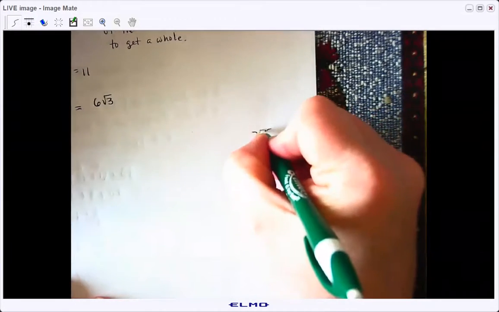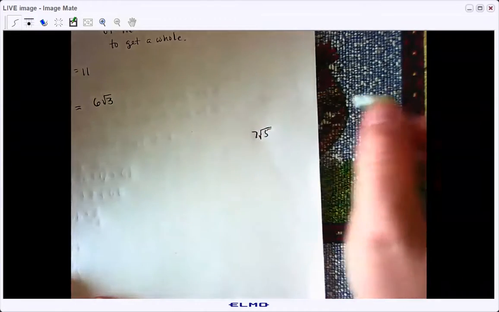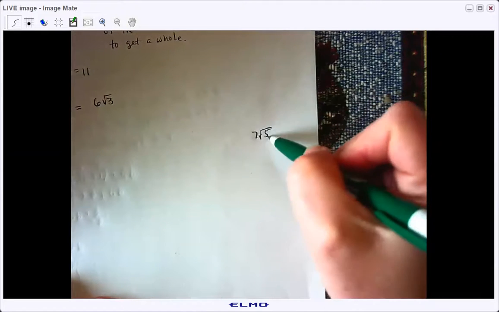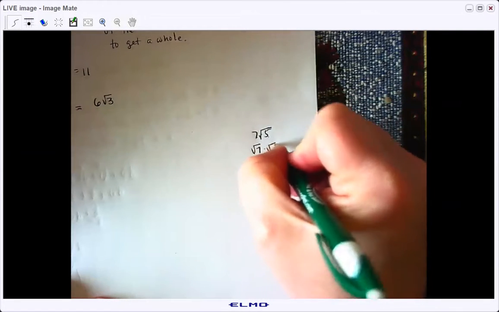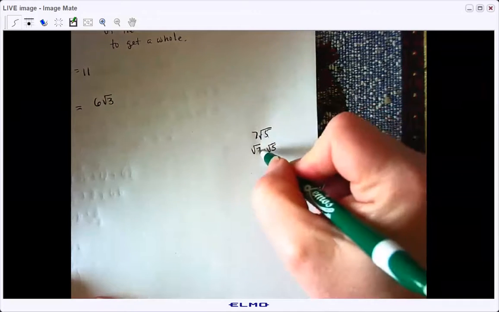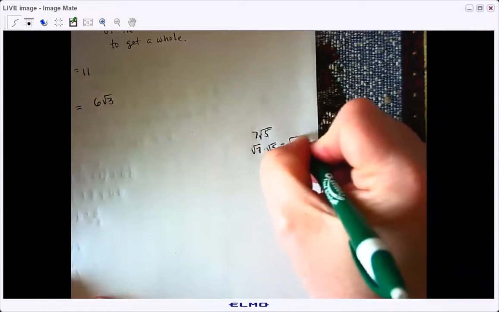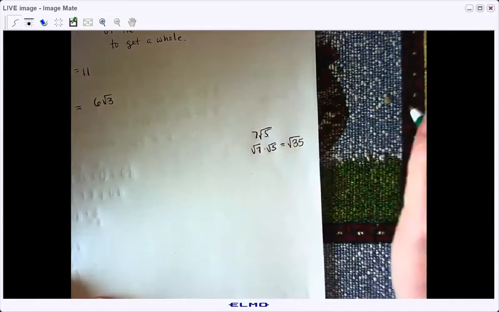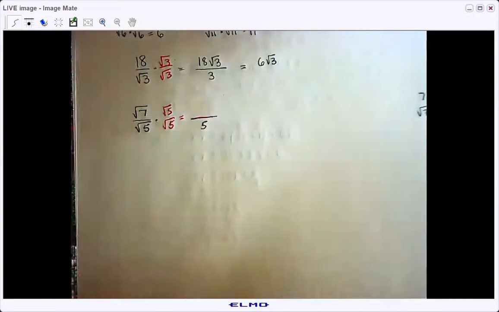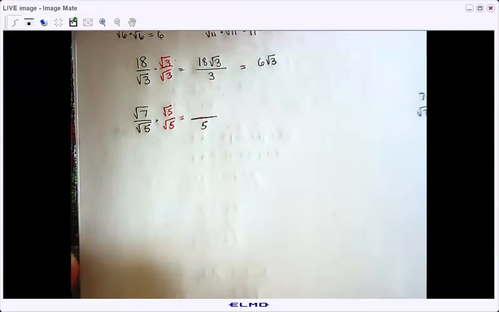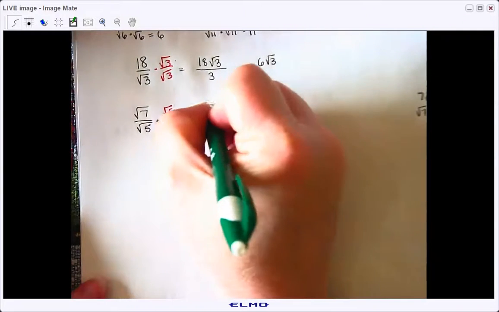If I had a 7 root 5, I couldn't multiply those because one's an outside number, one's an inside number. But if I have root 7 times root 5, because they're both inside, I can multiply them. You get root 35. So inside numbers with inside numbers, outside numbers with outside numbers.